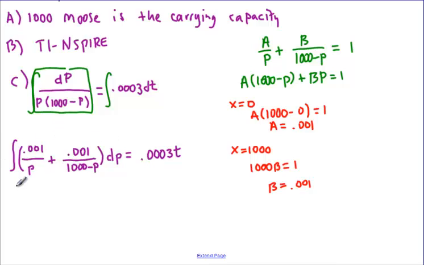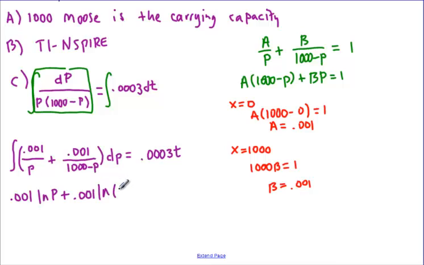Sorting this out, on the left, we're going to have 0.001 times the natural log of P. And remember, P has to be positive, and in this particular problem, we're talking about a population, and all populations are going to be positive. So we're not going to use the absolute value bars because we are dealing with positive numbers.